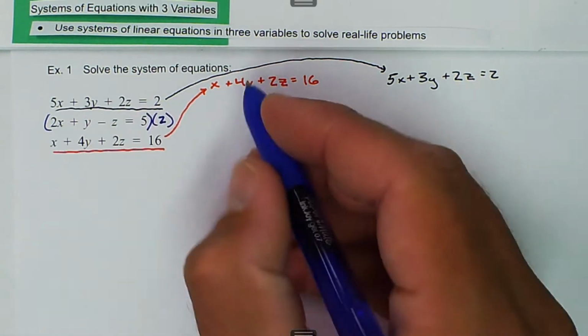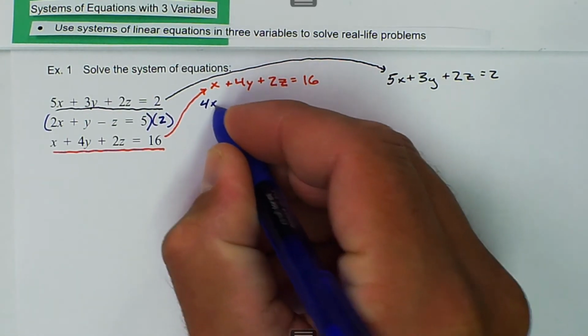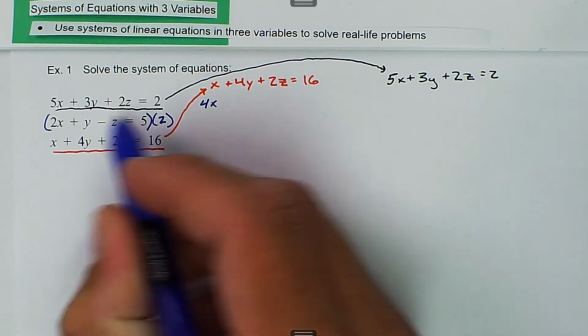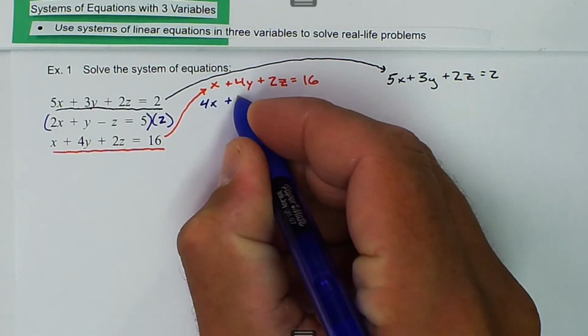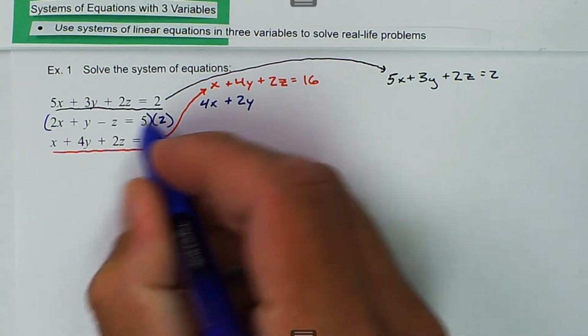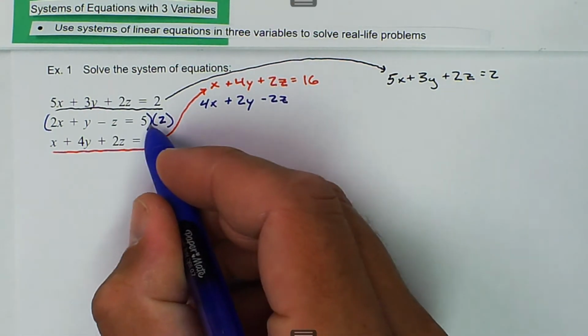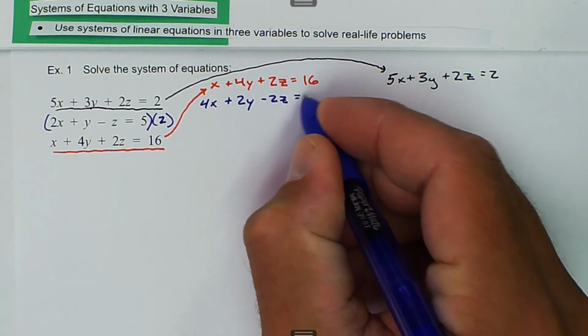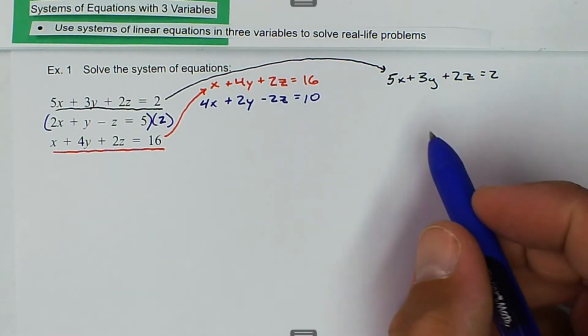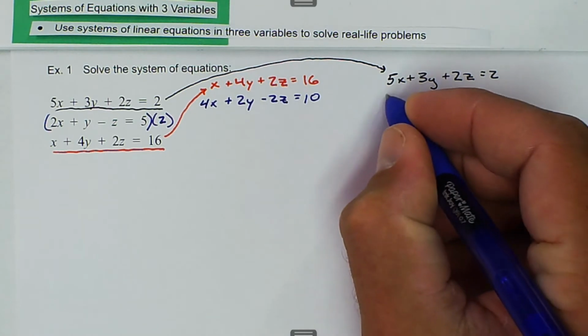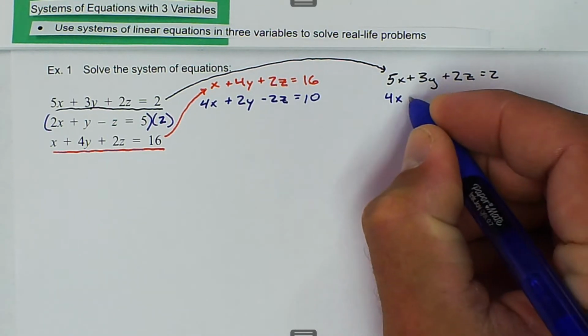So 2 times 2 is 4x. 2 times 1 is 2y. And 2 times negative 1 is negative 2z. And 2 times 5 is 10. We don't have to scale that one again because it's going to be exactly the same.